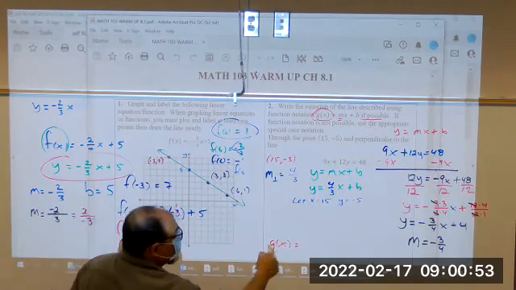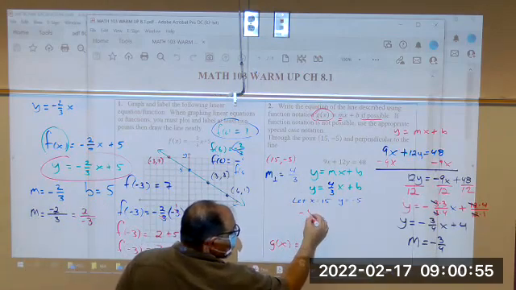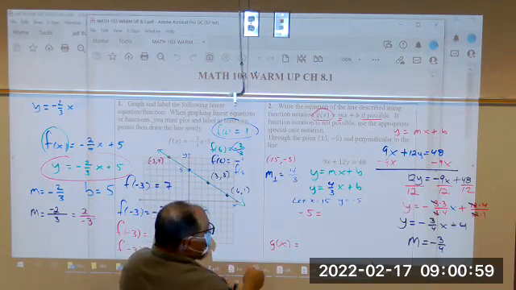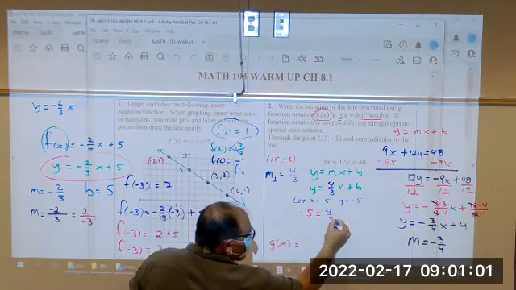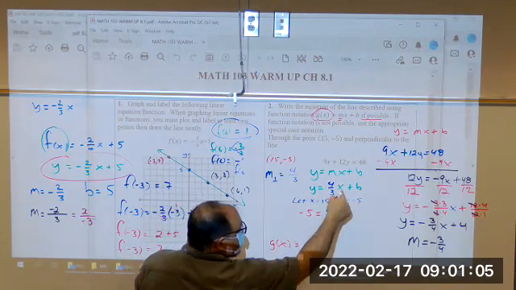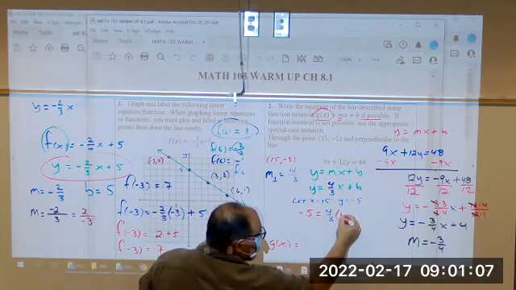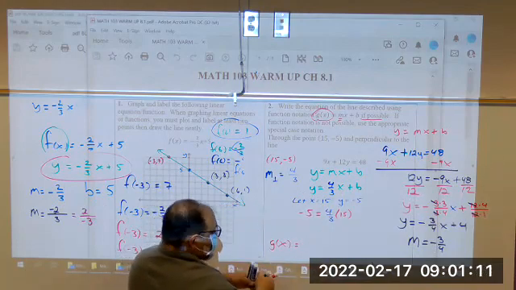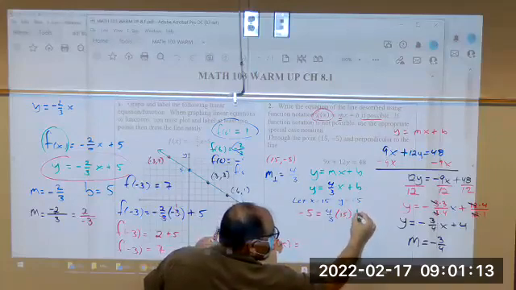So going in for y is -5 equals 4/3 times x, so times 15, and we're solving for the b, plus b.